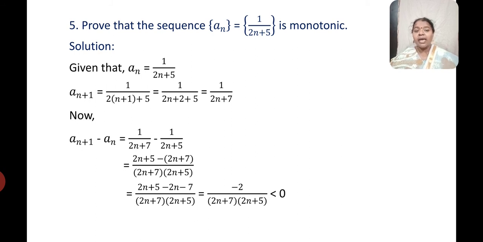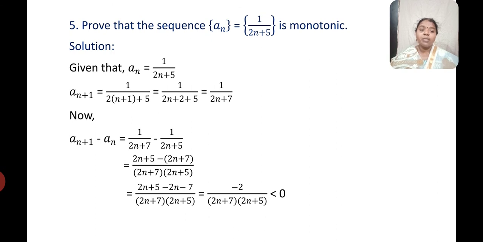Now, an plus 1 minus an becomes 1 divided by 2n plus 7 minus 1 divided by 2n plus 5. On taking LCM and simplifying, we get 2n plus 5 minus of 2n plus 7 divided by 2n plus 7 into 2n plus 5. On simplification, 2n and minus 2n get cancelled. 5 minus 7 is minus 2.